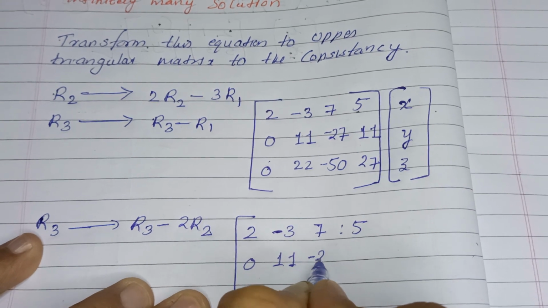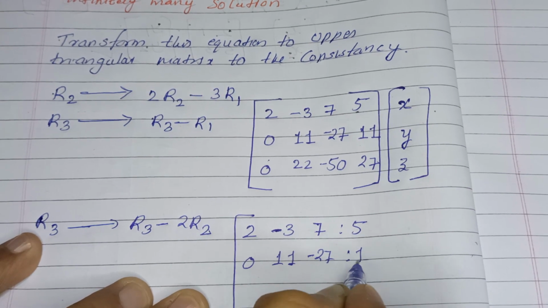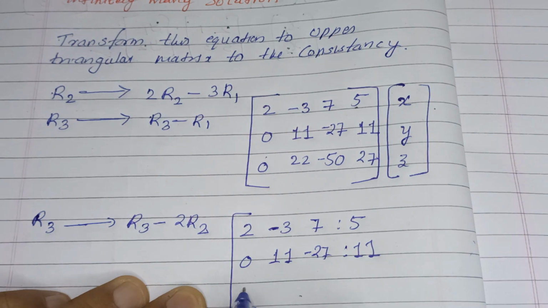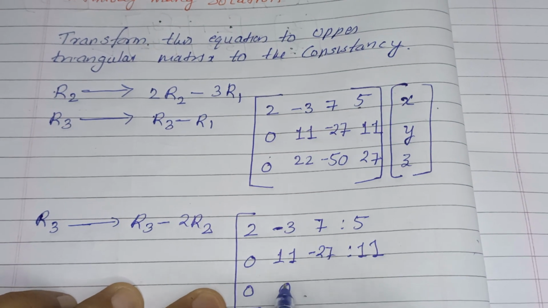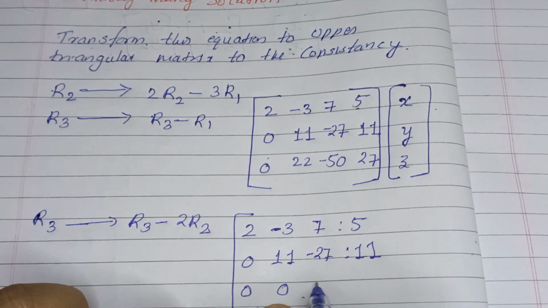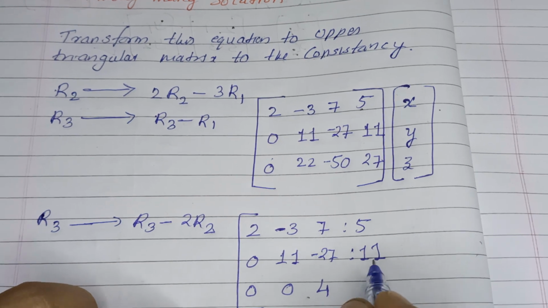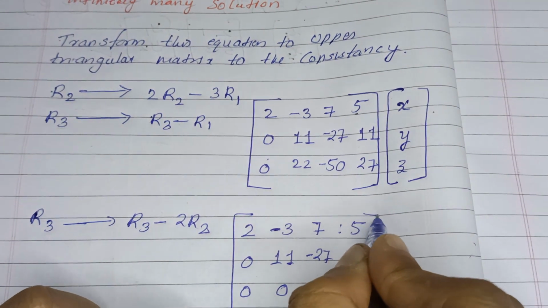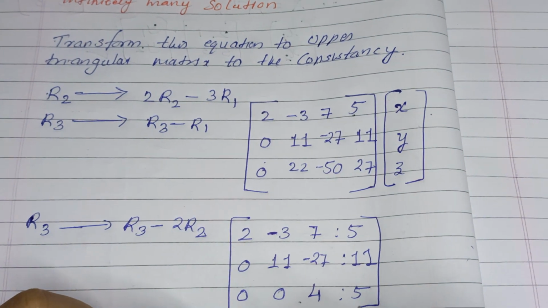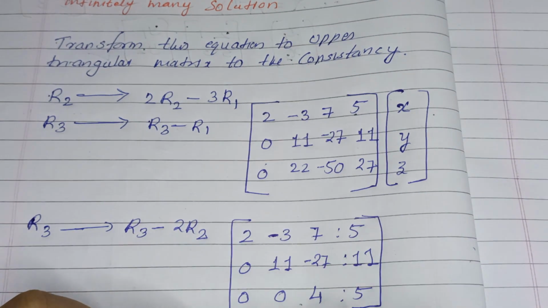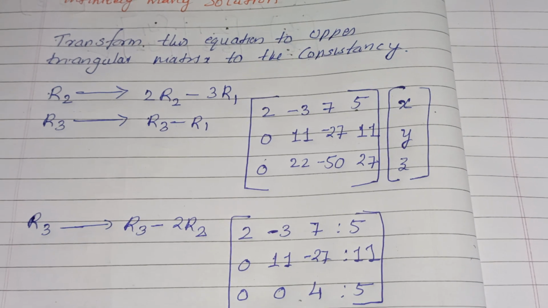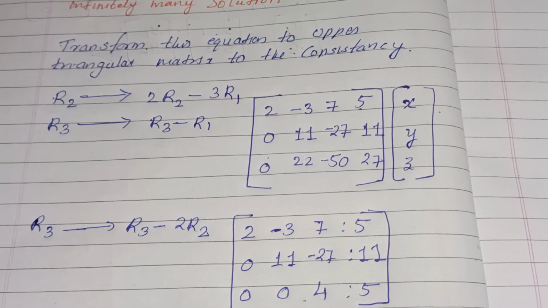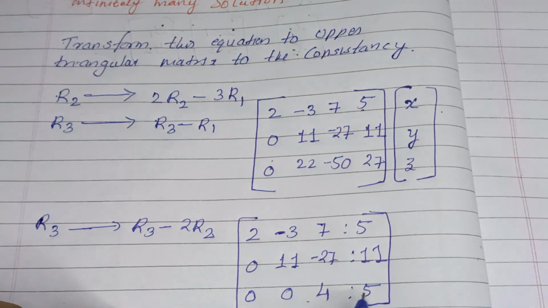So minus 27, then 11. The one that we change is this one, we made this 0, and this you get 4, and this you get 5. You just do it and see, you will get it. I have done it in the last video, these values also you can check. And then comes now, this is an echelon form.